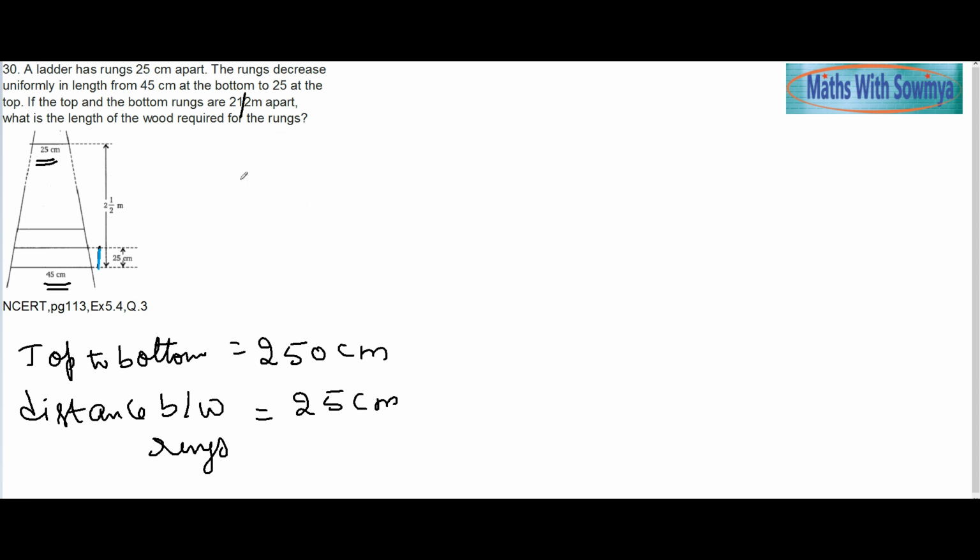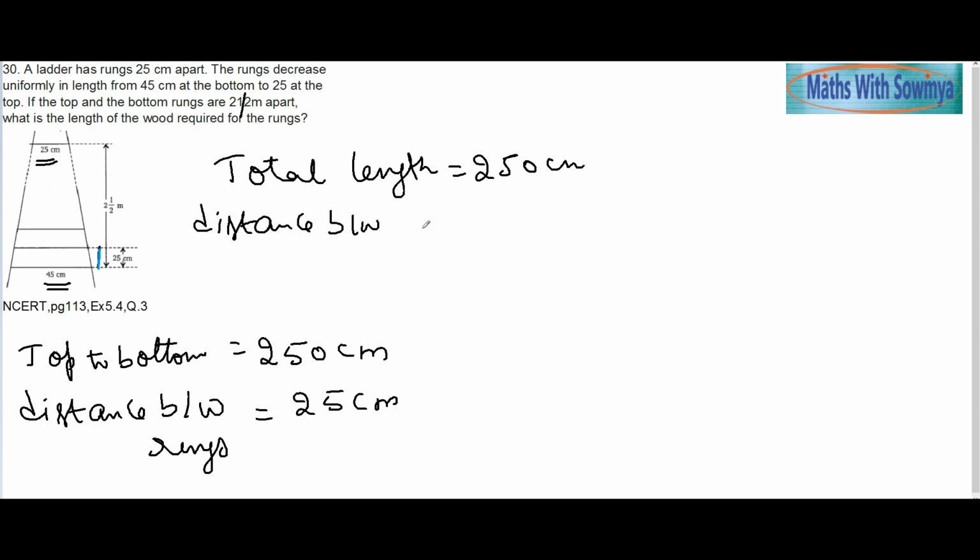I will write it here: total length, and the distance between each rung, 25 centimeters.